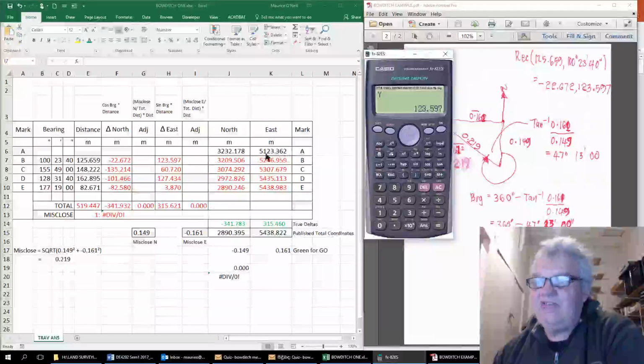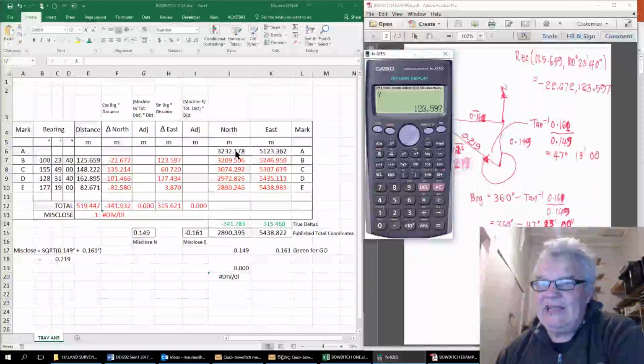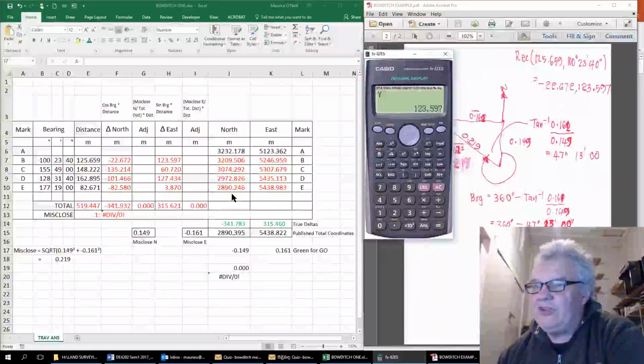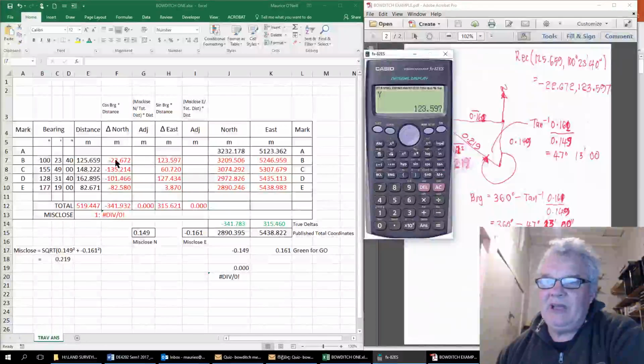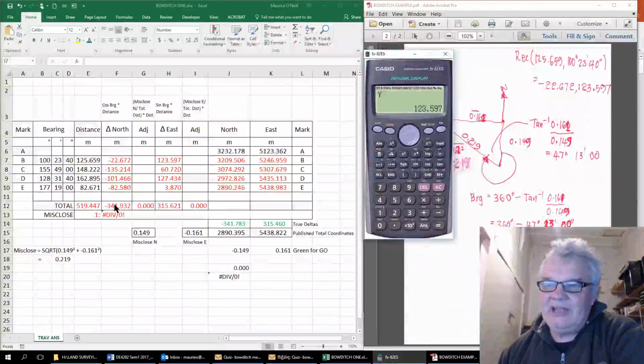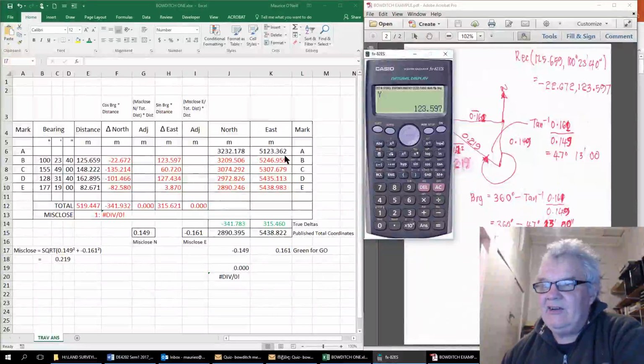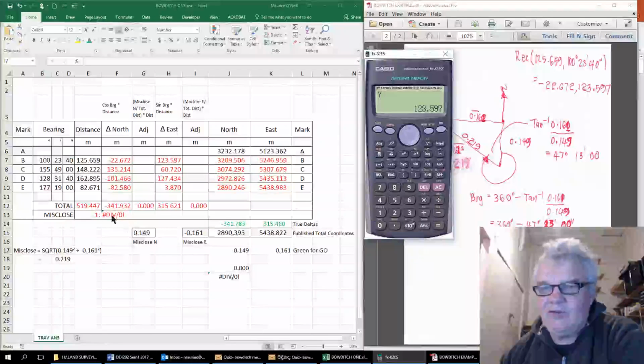So we add all these. Sorry, in here you start here and that plus that to there, but you go right through to the end. You don't write the coordinates in just yet. So it's that plus that plus that plus that plus that, or in fact that plus that will give you this value here, and that plus that will give you that value there. But it's the difference between these two values.